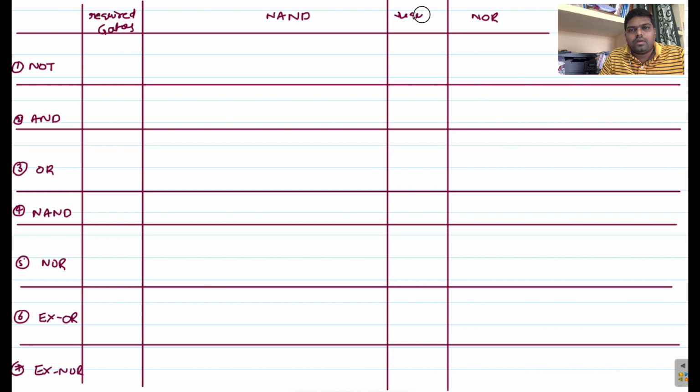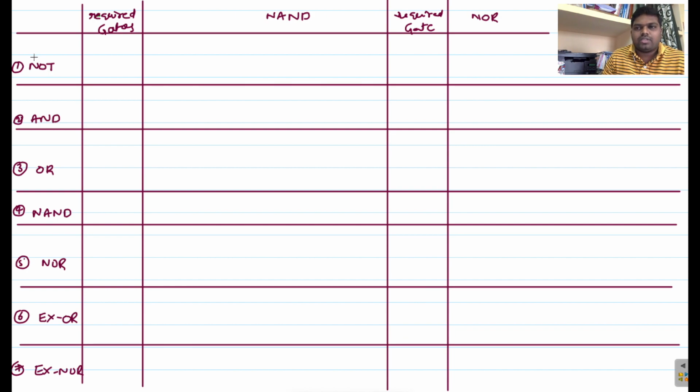Required NOR gates. Okay, so the first one is the NOT gate. Already I told you NAND and NOR gates are universal gates. With the help of these gates we can construct any digital circuit. A digital circuit depends on basic gates, extra gates and universal gates. If you take any digital circuit, it depends on logic gates only.